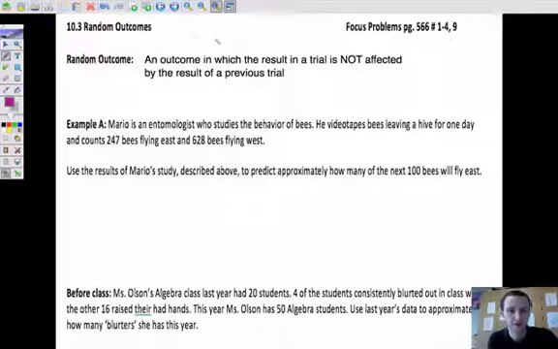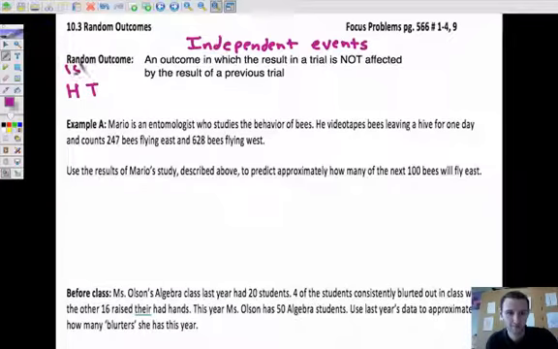These are also sometimes referred to as independent events, because they do not depend on anything that happened before or that will happen after. If you think about tossing a coin, you're going to get a head or a tail with your first toss.